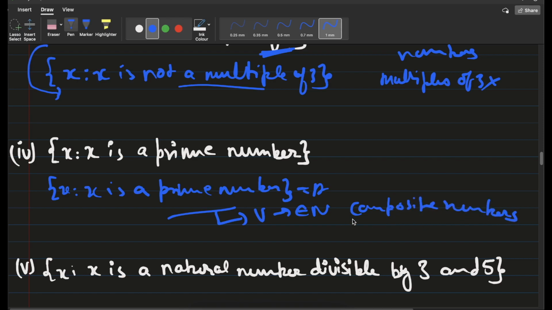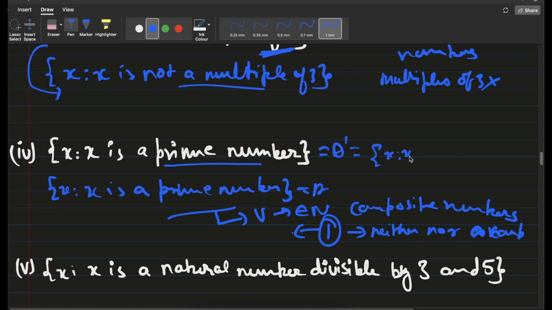Composite numbers and 1 also, because as we have studied earlier that 1 is neither prime nor a composite number, but it is a natural number. It was present in our universal set. So if we remove all the prime numbers, we are left with 1 and all the composite numbers. So what would be our answer of A complement? It would be x such that x is a composite number or x equals 1.